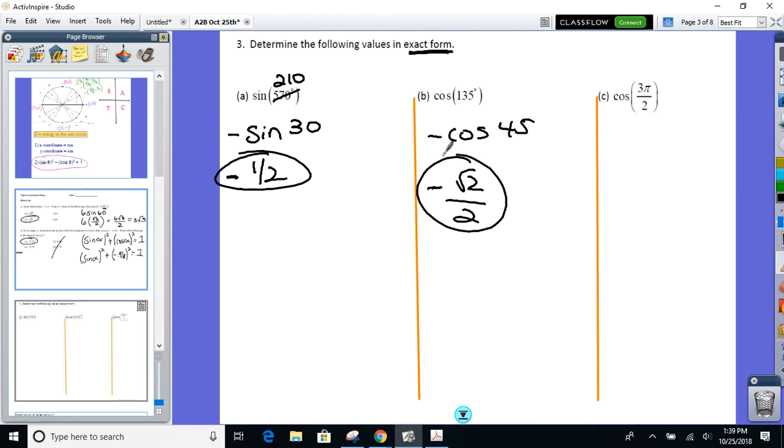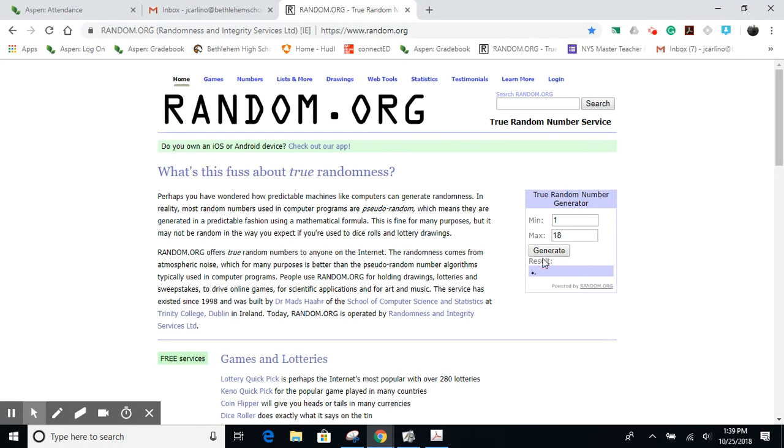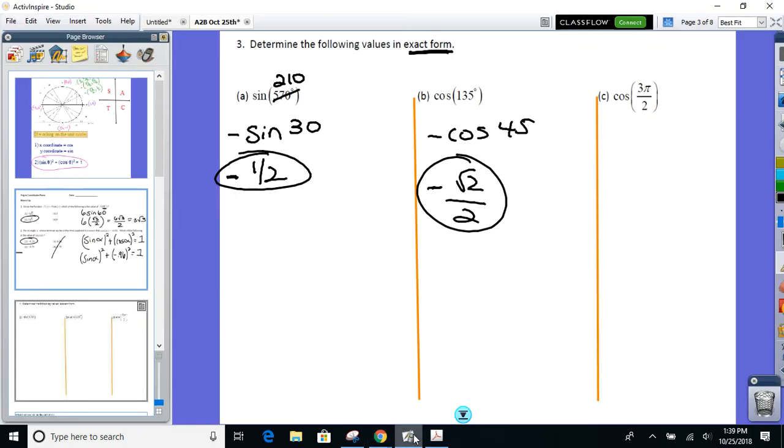Ooh, do I get you on this one? 3 pi over 2. 17 pi over 2. Come on, you remember it. Pi over 2. That's pi over 4.